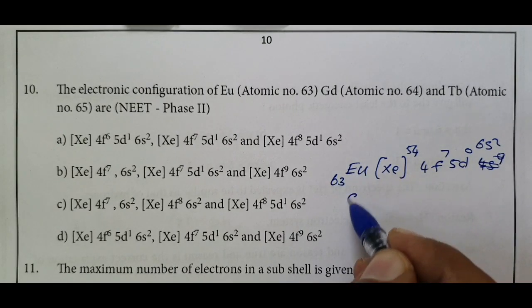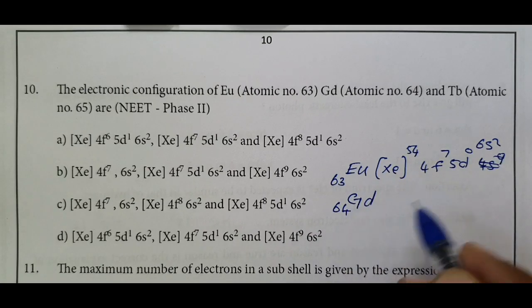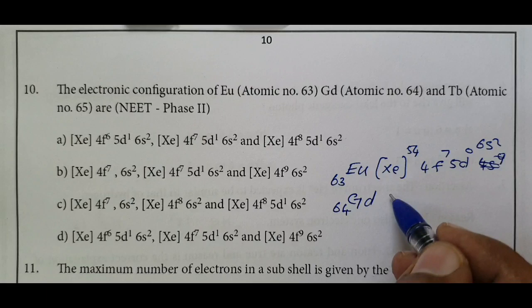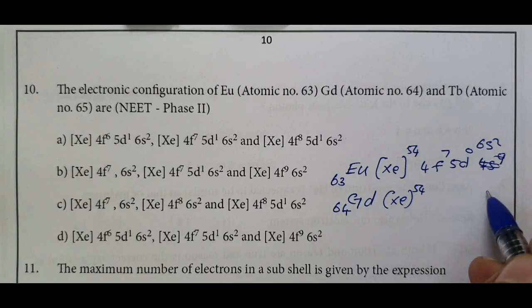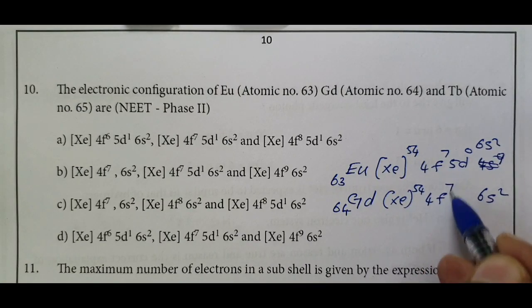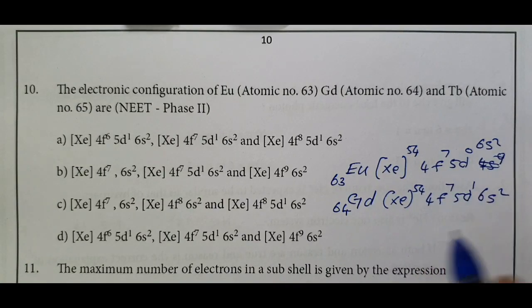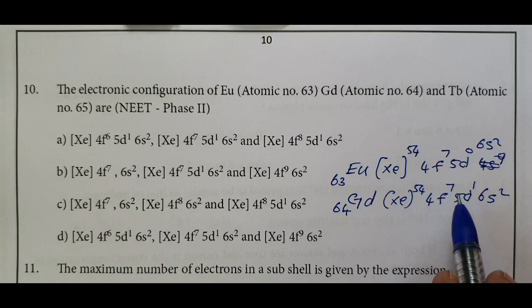Then gadolinium, exactly half-filled element 64 in the 4f block: xenon noble gas atomic number 54, 6s2, 4f7, 5d1.